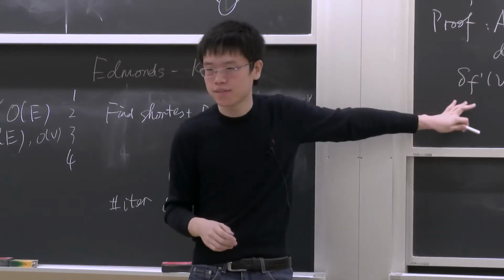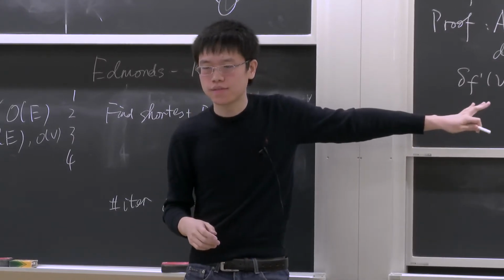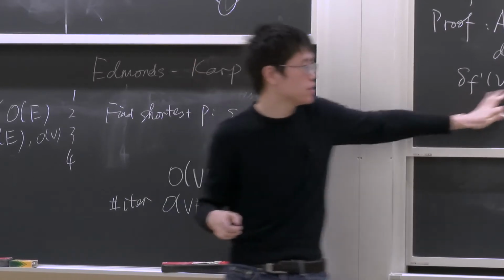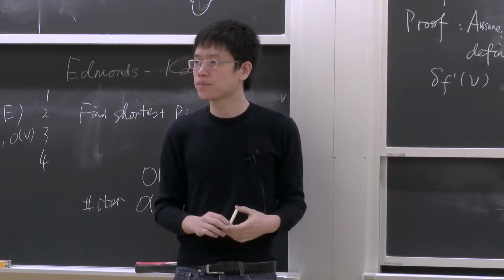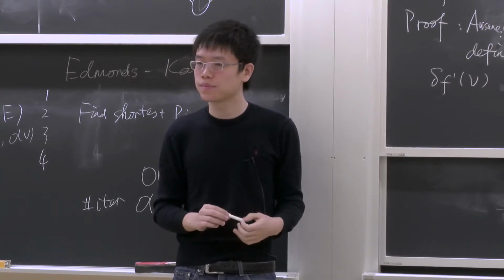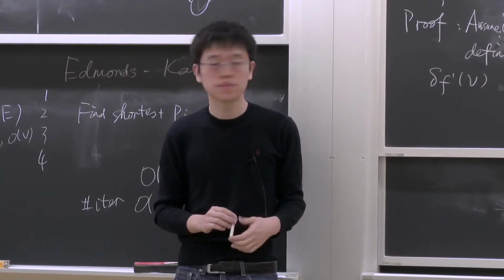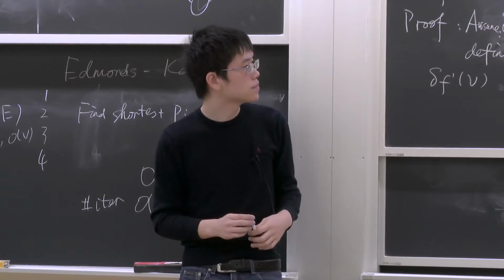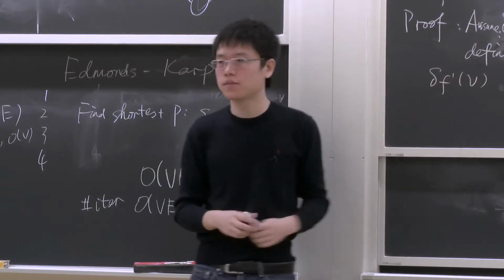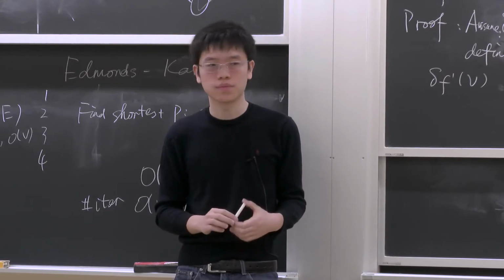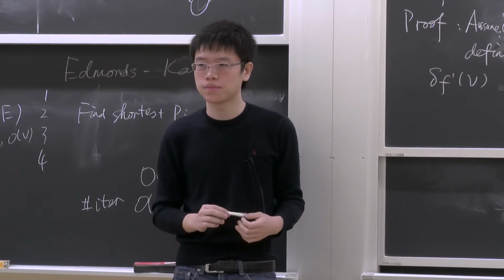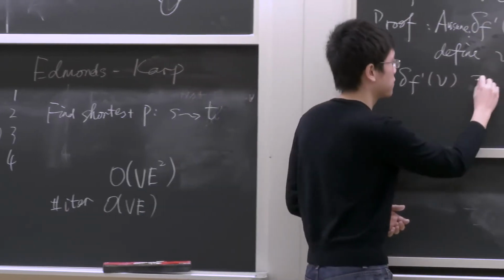Okay. Misha said V is U plus 1. Does that make sense to everyone? Because that's the shortest path to V. It goes through U. Okay, that's correct.